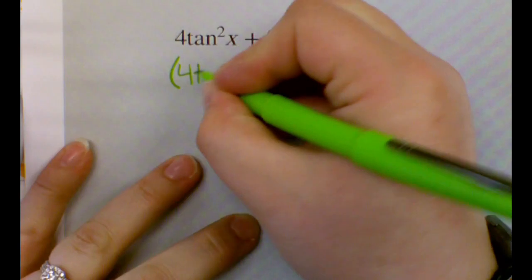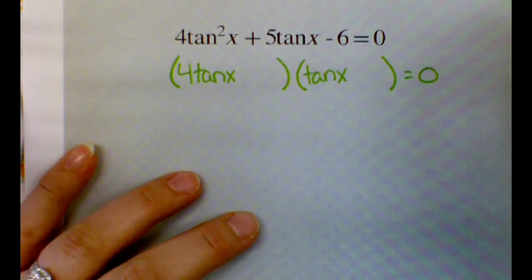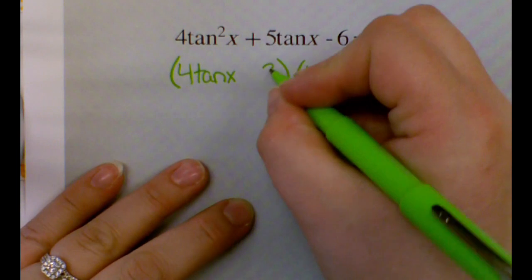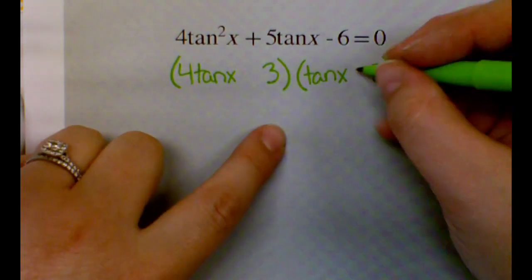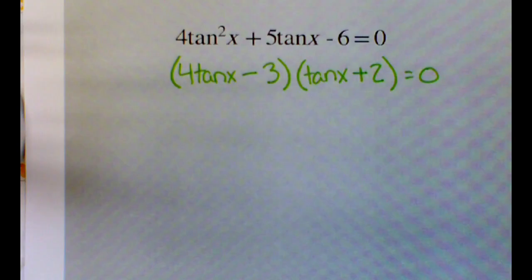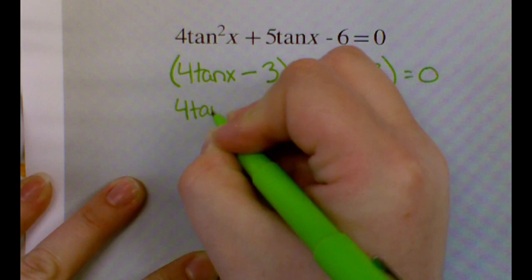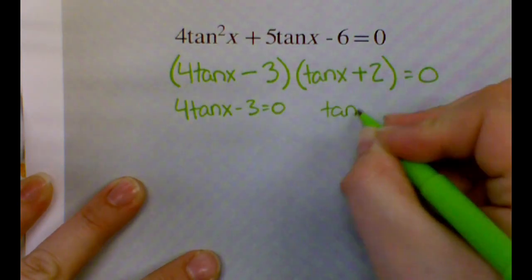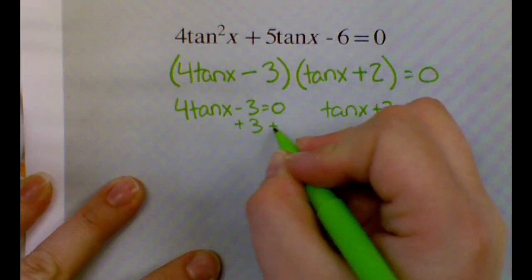All right, for tangent of x and tangent of x, my 6 I'm going to break into 2 and 3. I'm going to put the 2 there and the 3 there. So that makes 8 minus 3 to give me 5. So positive 2, negative 3. All right, now I set each factor equal to 0 and solve for tangent of x.